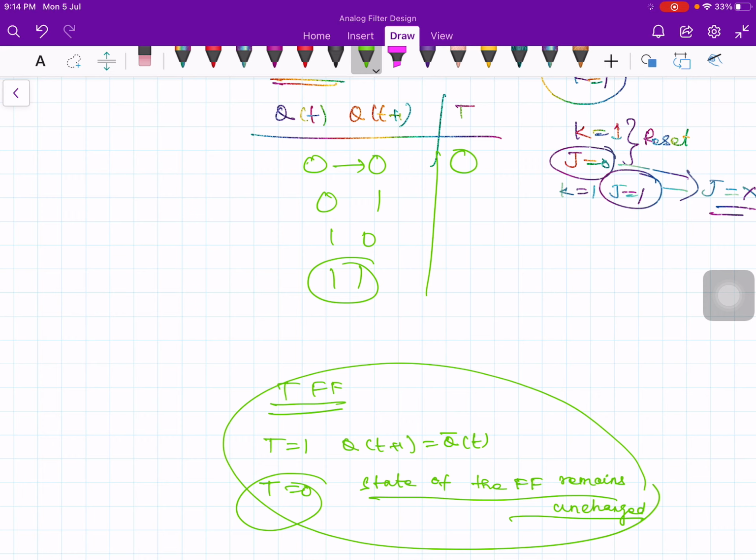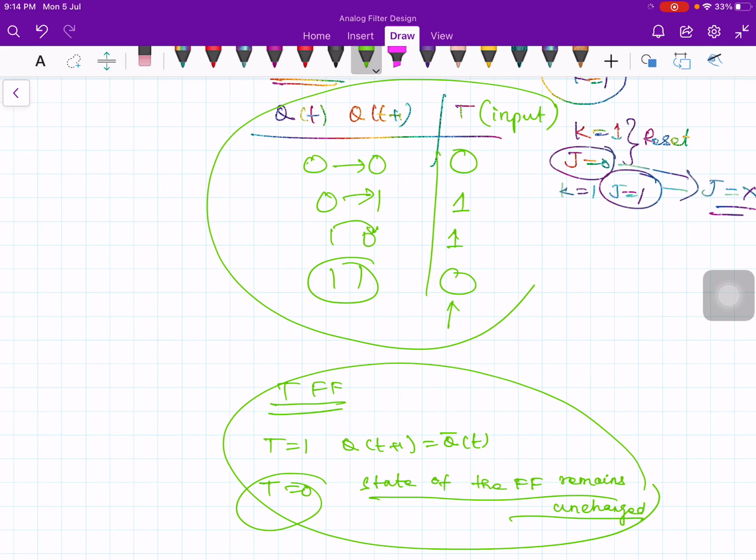And if you look at 1 to 1, there is no change in the state of the flip-flop. Therefore the input must be 0. This T is nothing but the input. But 0 to 1 toggle, therefore the input is 1. 1 to 0 toggling, so the input is 1. So this is the excitation table of your T flip-flop.